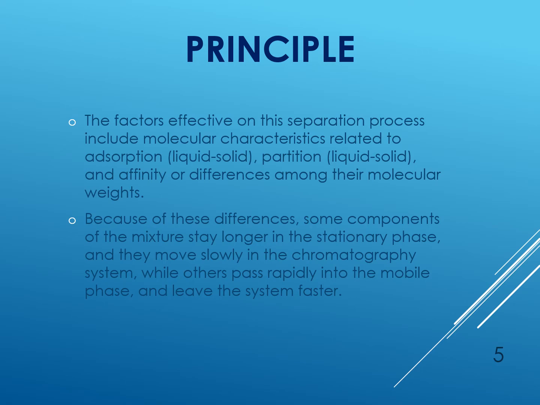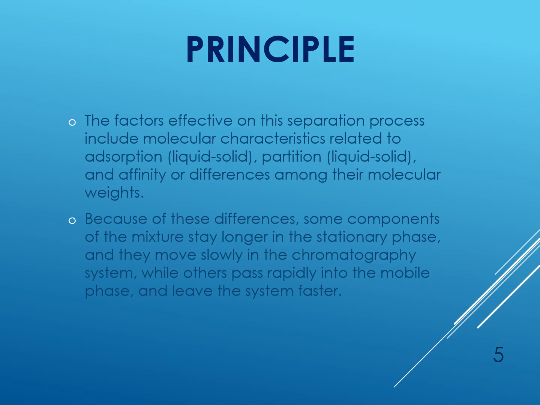So the affinity which particles show towards the stationary phase or the mobile phase is basically the main principle of their separation. If particles show more affinity towards the stationary phase, they will remain on the column, and if they show more affinity towards the mobile phase, they will move outward at the end of the column, and can be again separated from the mobile phase mixture.